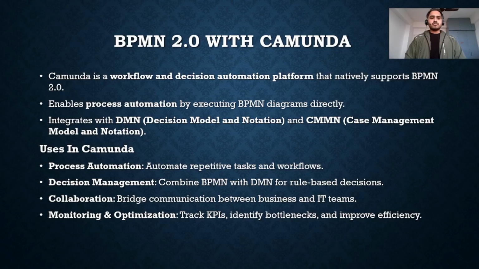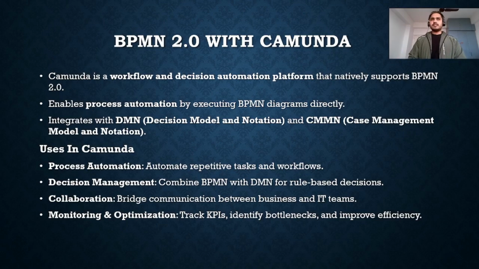It is also used for collaboration, acting as a communication bridge between business and IT teams, and for monitoring and optimization. We track KPIs, like how many processes we are instantiating in a day, a month, or a year, so that we can identify bottlenecks, where we are getting errors and failures. This can be seen in the Optimize platform on Camunda itself.